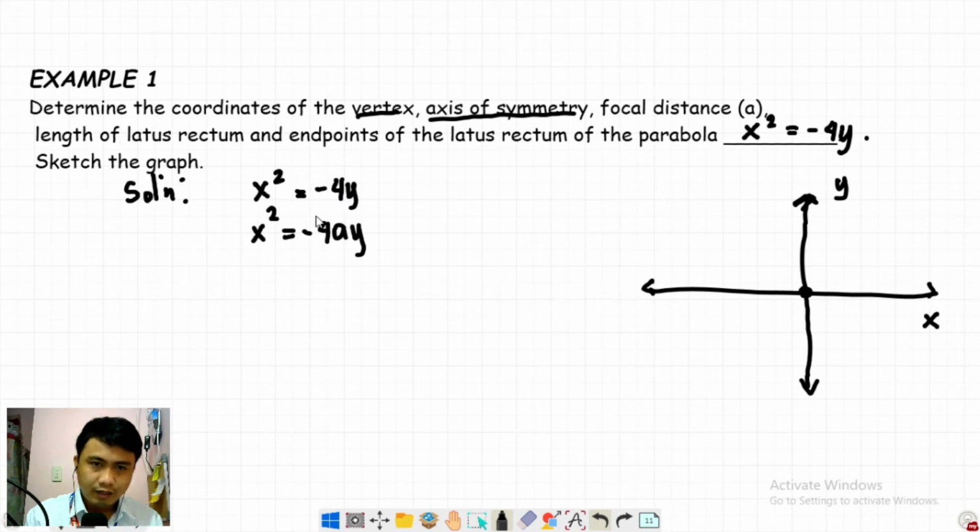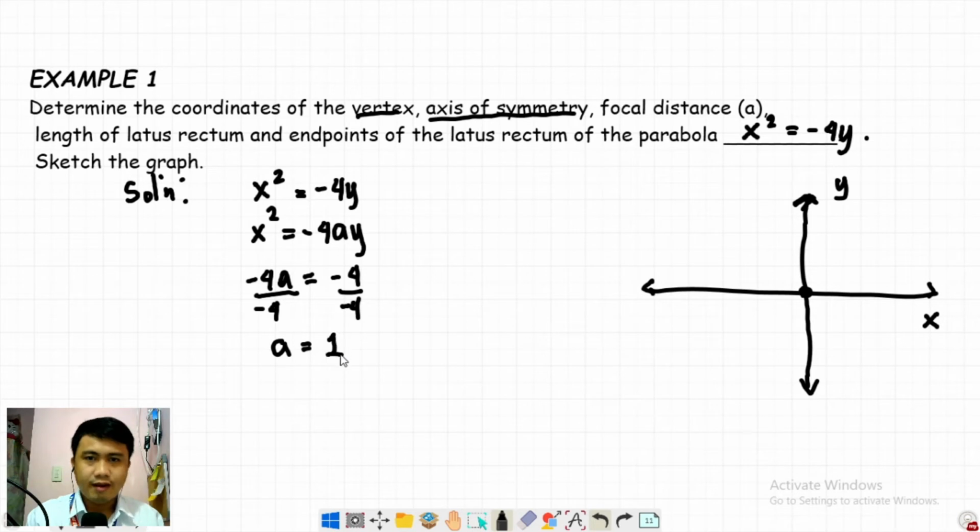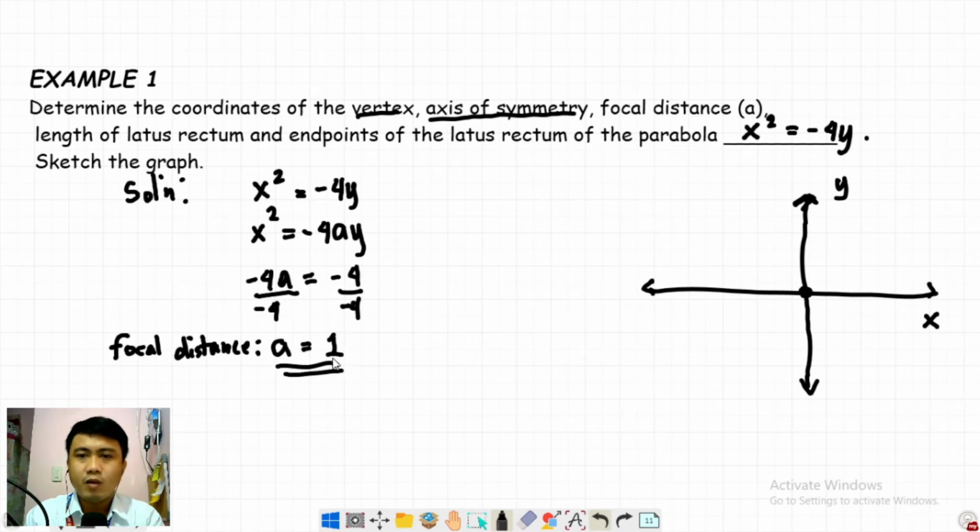Equate mo dun sa numerical coefficient ng y, which is negative 4, and i-divide natin sa negative 4. So what is our a? a is 1. So okay na tayo sa focal distance. Ating focal distance ay 1.